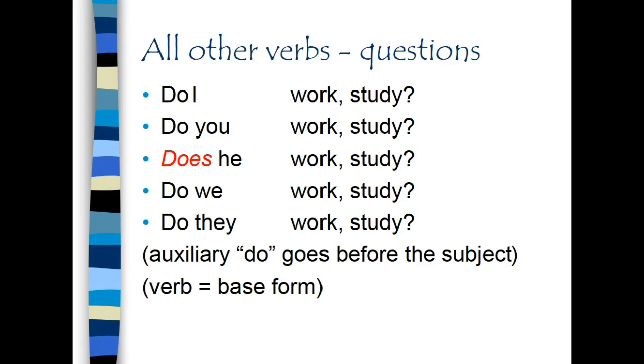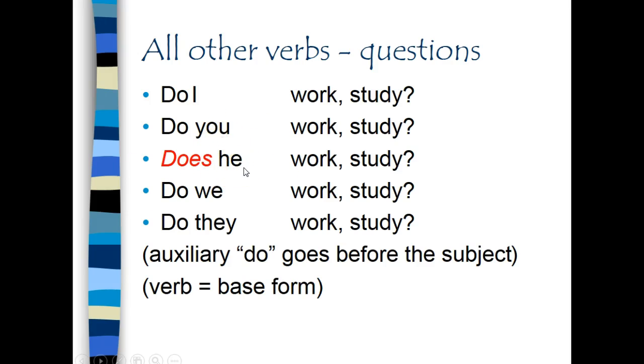For all other verbs except the verb to be, when we make questions, again, we must have an auxiliary verb. And again, the auxiliary is the verb to do. So do I work? Or I could say, where do I work? Do you work? Where do you work? Does he work? Again, my subject pronoun is he.